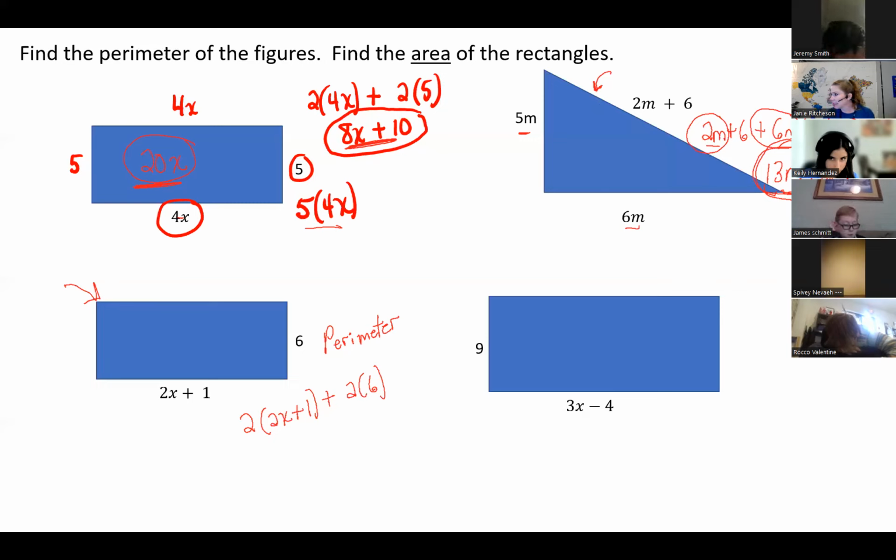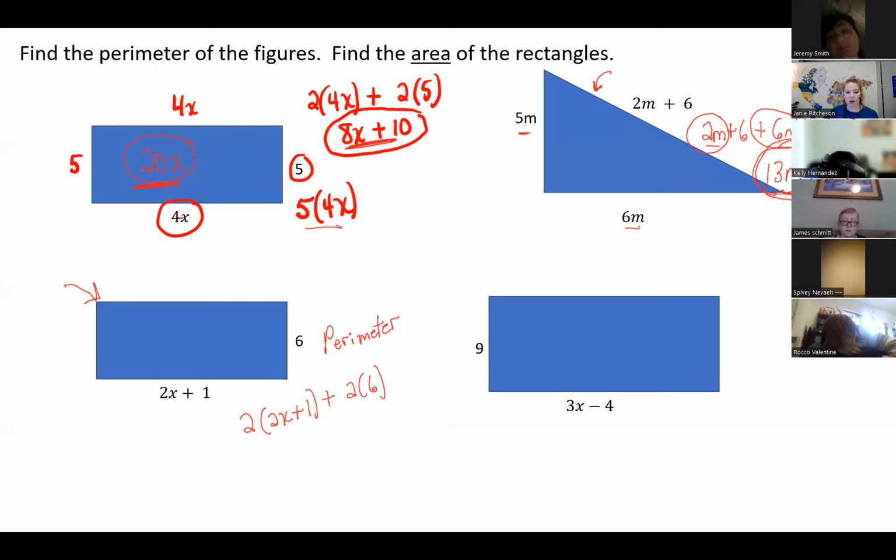All right. Kaylee has it. Karen has it. Don't forget about doubling the 6, Kellen. Double your 6 and then add it to it.